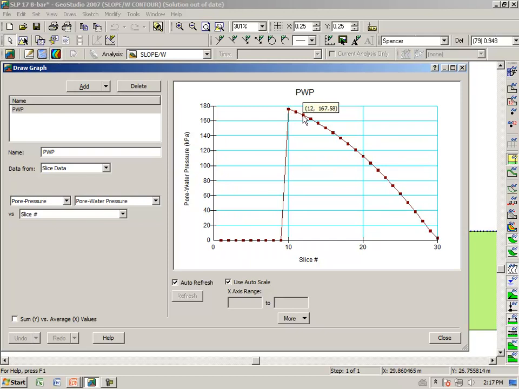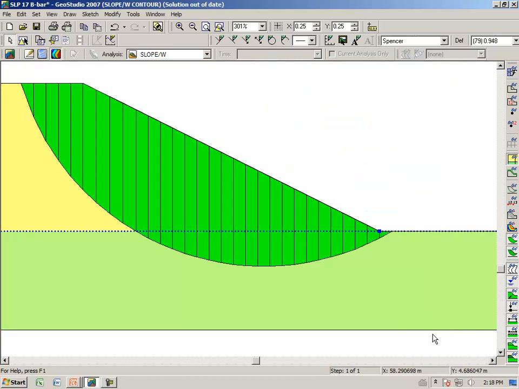And exactly as we computed by hand, the pore pressure at the base of slice 12 is 167.58 kilopascals. So this shows how a B bar can be used to simulate excess pore pressures that might arise from the placement of an embankment, for example.